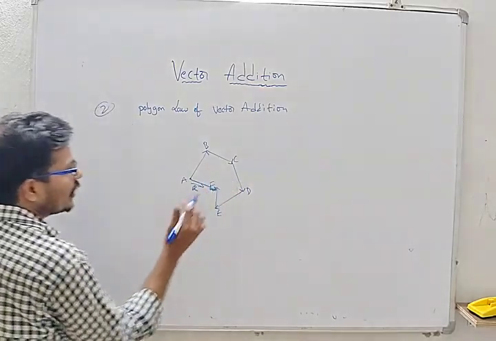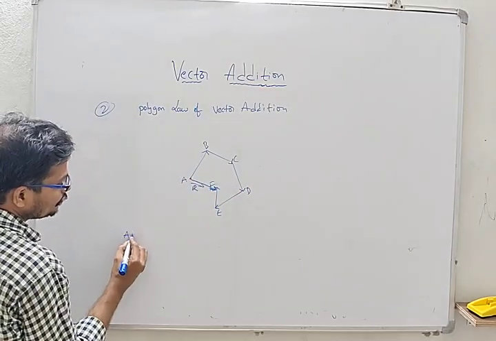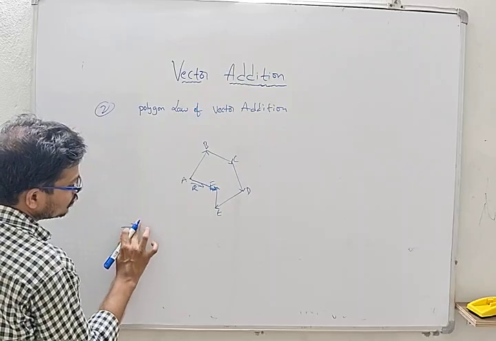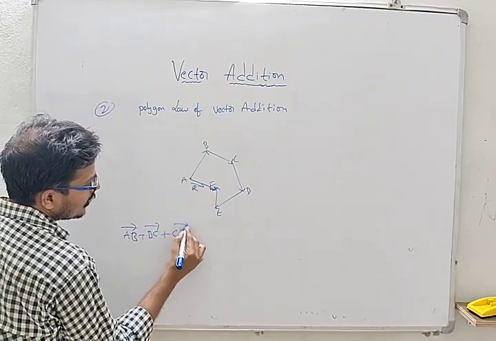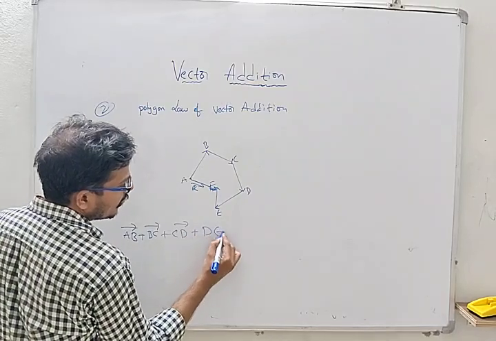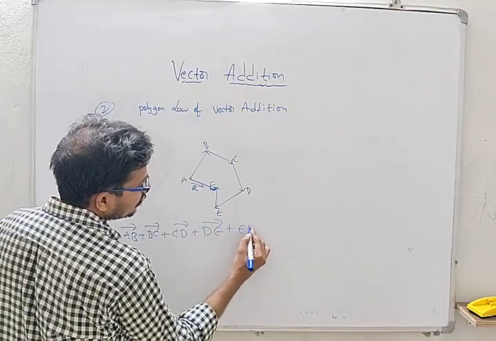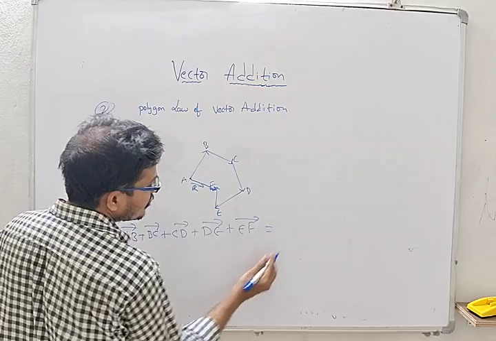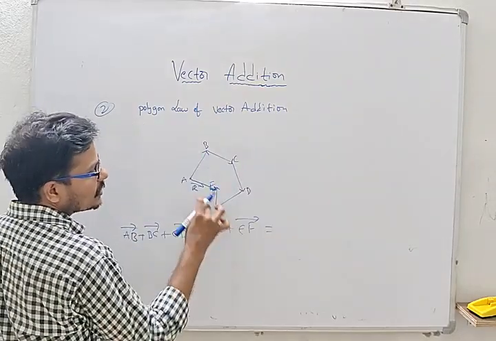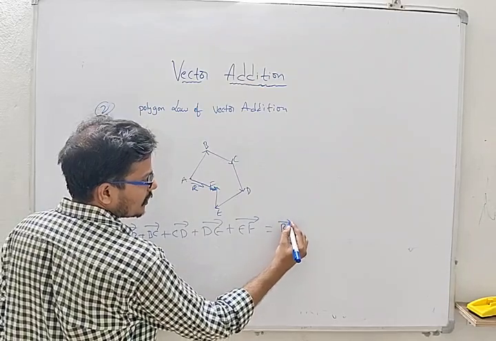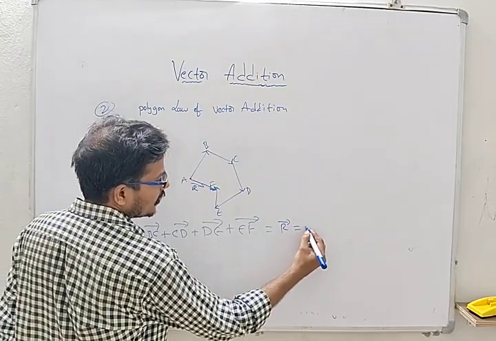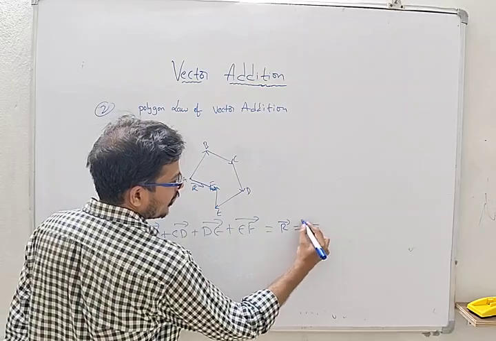So here we can write the vector addition AB plus BC, CD, DE, EF. In this case, the total sum of all the vectors is nothing but R, the resultant vector, which is AF.